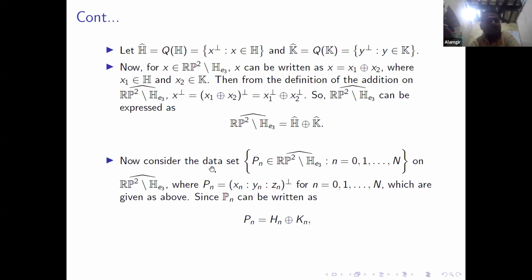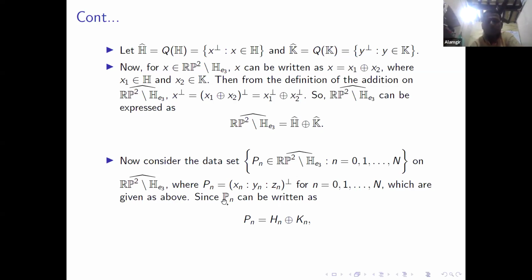Now we consider the data set Pn on the space RP2 minus HE3, where Pn is the collection of hyperplanes where Xn, Yn, Zn are already given as above. So this is our given data point, and then we consider the corresponding hyperplane Pn.